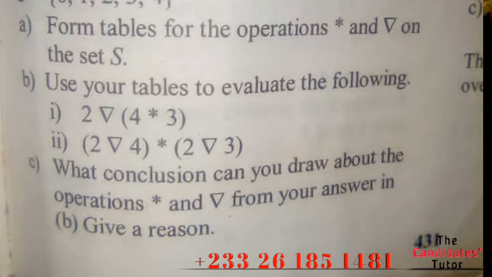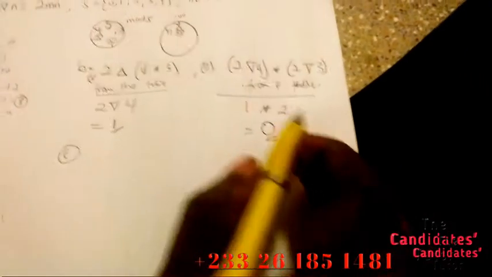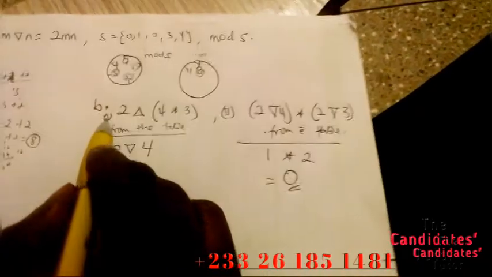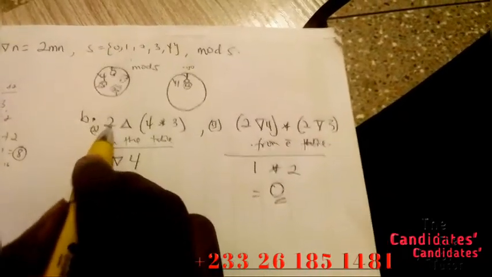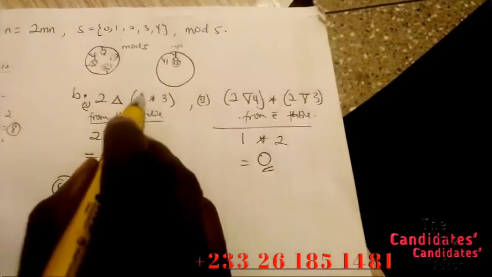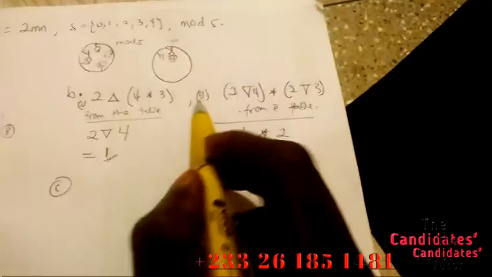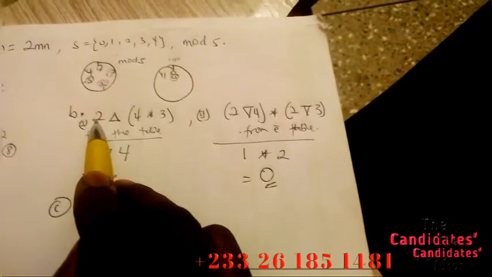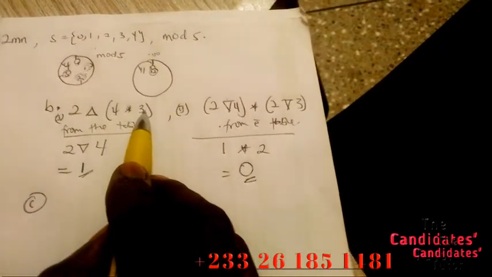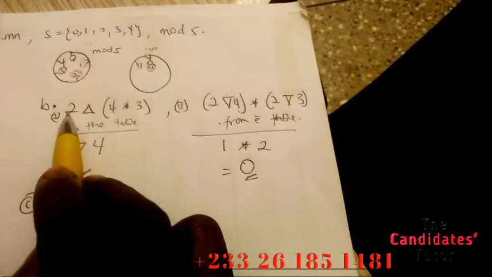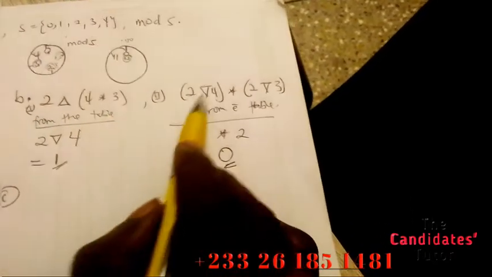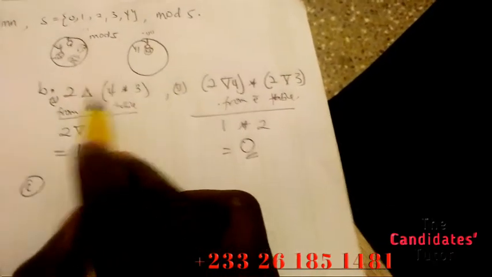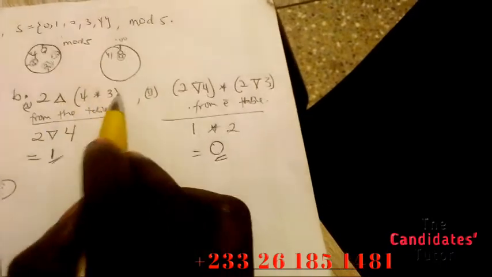When you look at this, you realize that at point I, we had 2 triangle open bracket 4 star 3. In II, they distributed this by this, so you see that they did 2 triangle 4, 2 triangle 3.